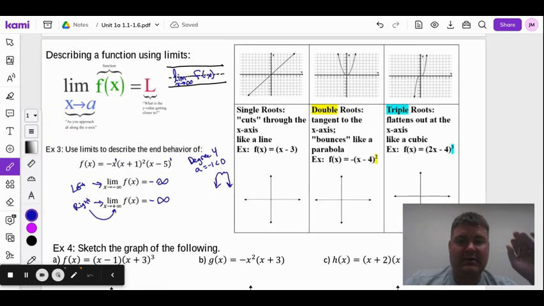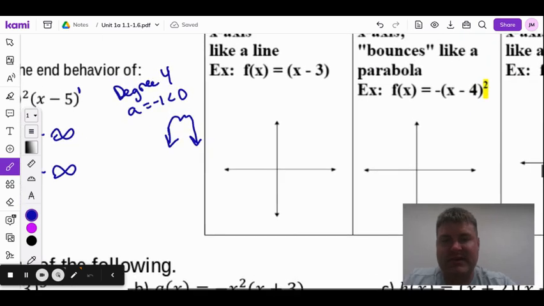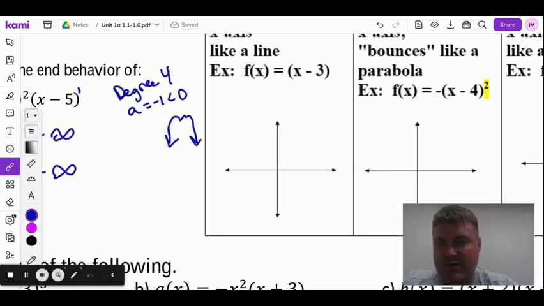Last thing right here. Let's talk about how to draw now our zeros, or our roots, or our x-intercepts. You notice those are the same thing. Roots, zeros, x-intercepts, all the same thing. So if we have a single root, it's just going to cut through the x-axis. So what that looks like, well, if I have x equals 3 here, so I'll go out to 3, 1, 2, 3 tick mark.